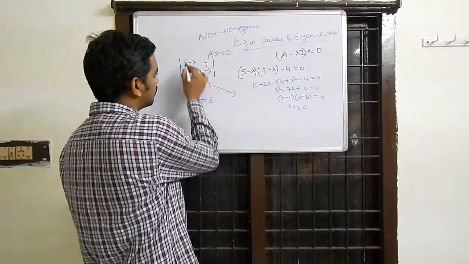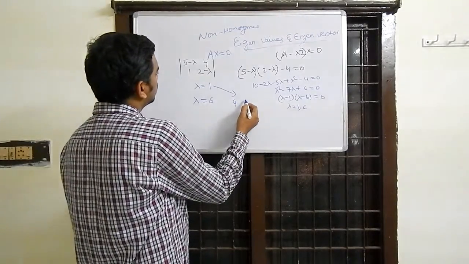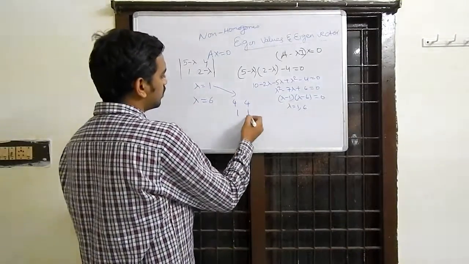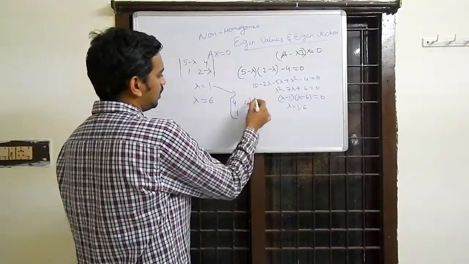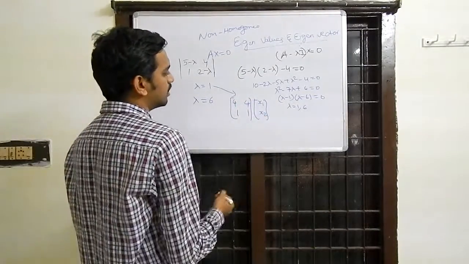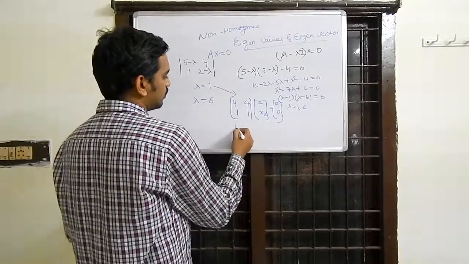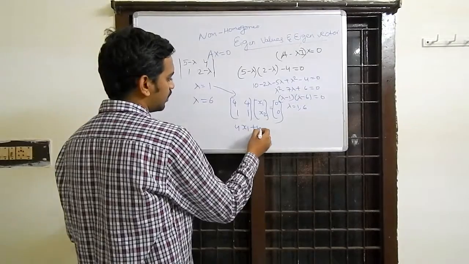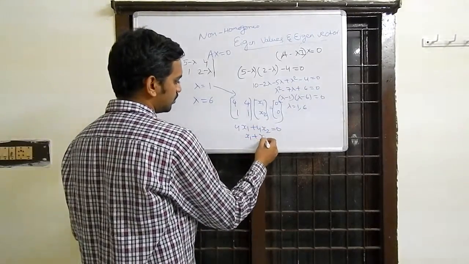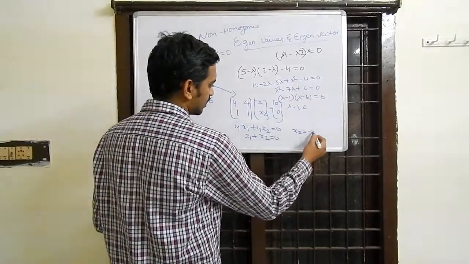If you put lambda is equal to 1 here, what you get is the matrix 4, 4, 1, 1 times the vector x1, x2 is equal to the zero vector. So 4x1 plus 4x2 is equal to 0 and x1 plus x2 is equal to 0. From this, x2 is nothing but minus x1.